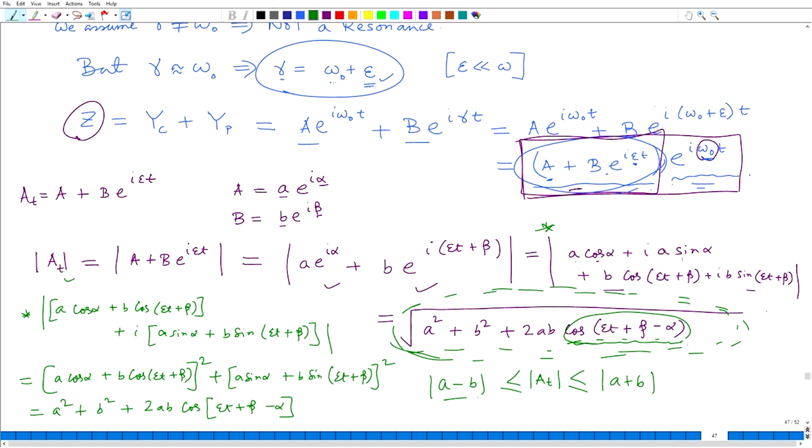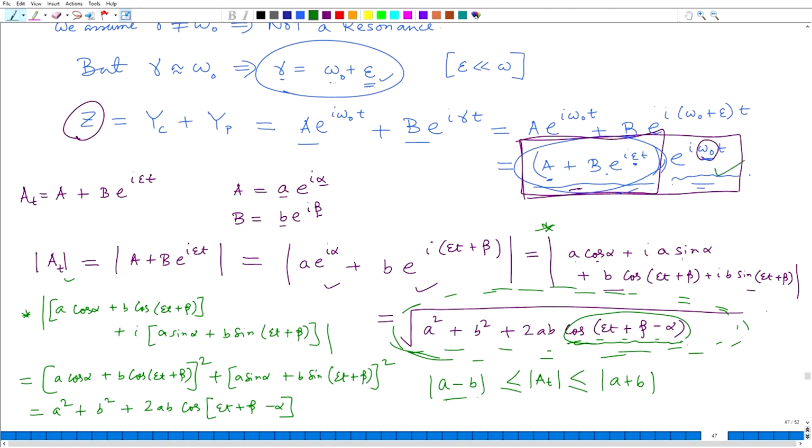So, finally, you will see that your amplitude is ranging between A minus B and A plus B, and it is also changing as a function of time in a periodic manner, and the phase part is effectively going with the same frequency as the natural frequency.